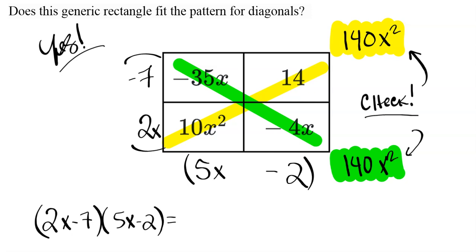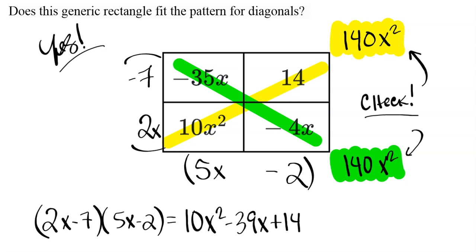And then we've got 10x squared plus or minus 39x plus 14. And so that is now factored.